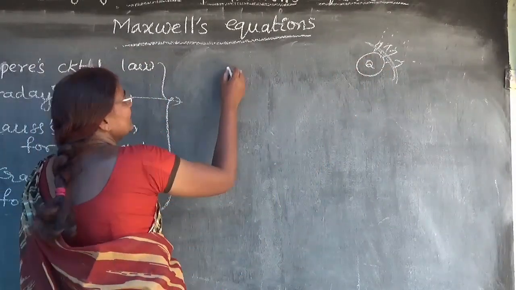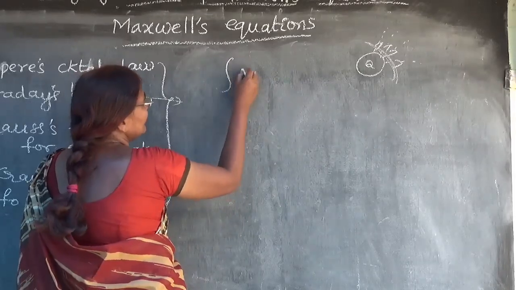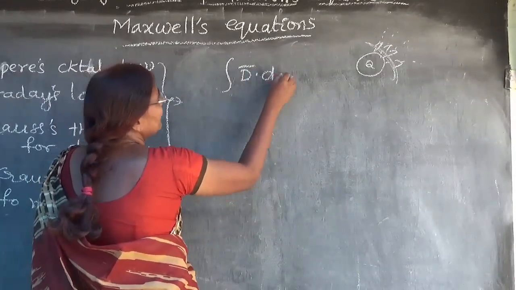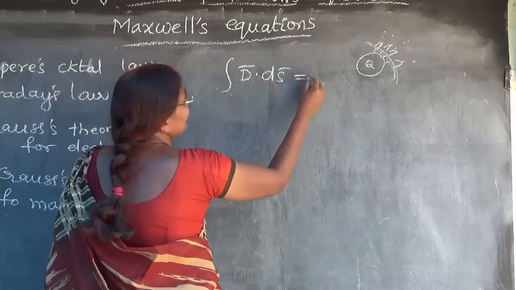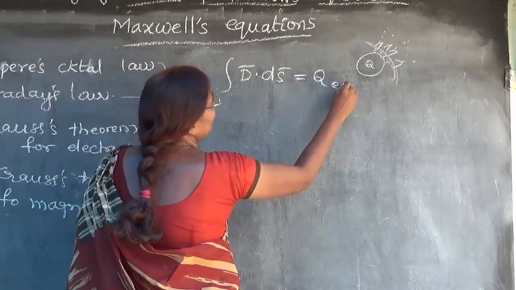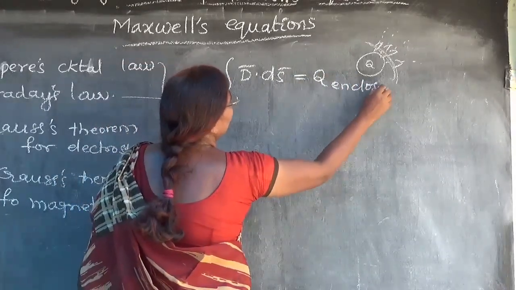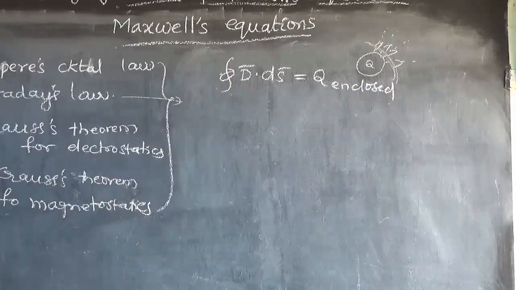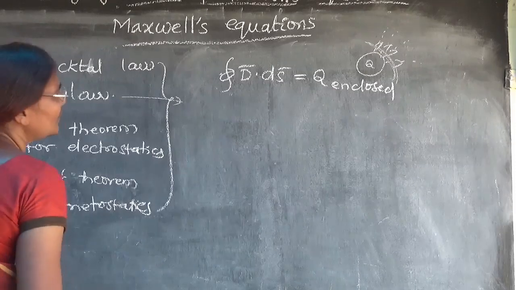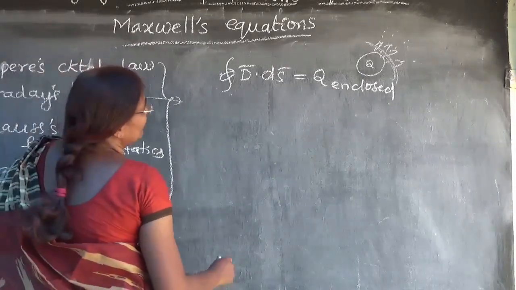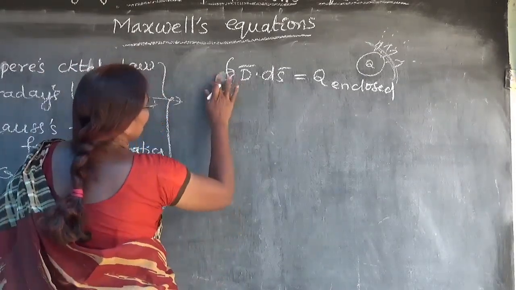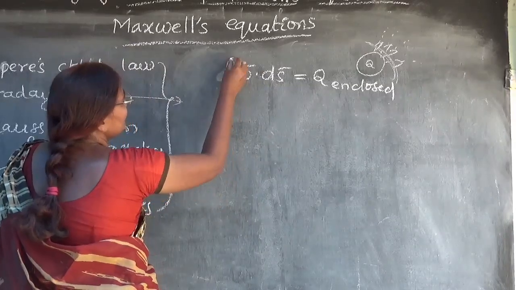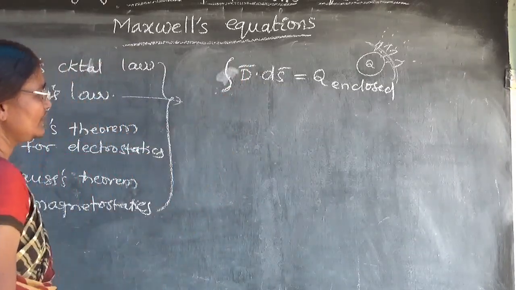So this is given by the equation D bar dot ds bar is equal to Q enclosed. The charge is enclosed, so this is going to be Q enclosed.